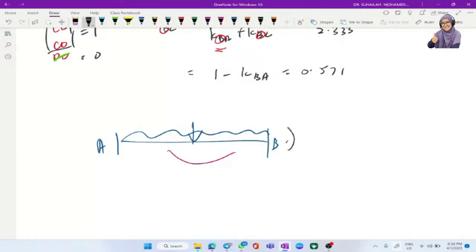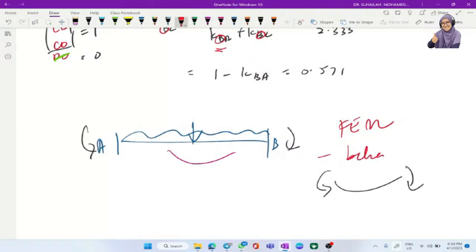Always remember that fixed end moment is behavior.